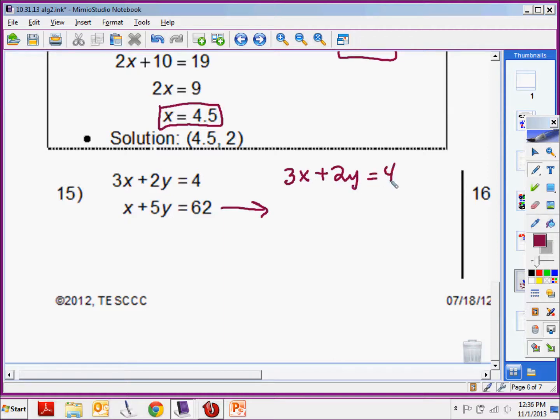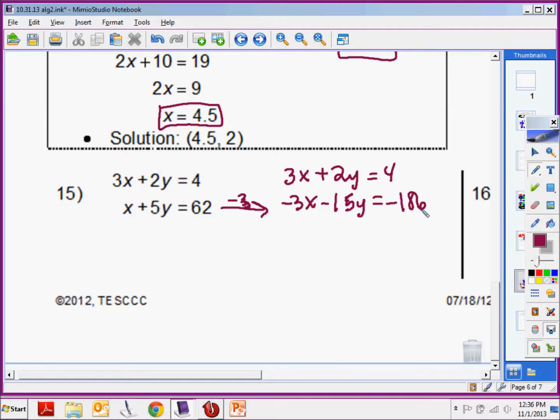If I'm multiplying everything times negative 3, I'm going to end up with negative 3x minus 15y equals negative 186. Equals what? Negative 186.